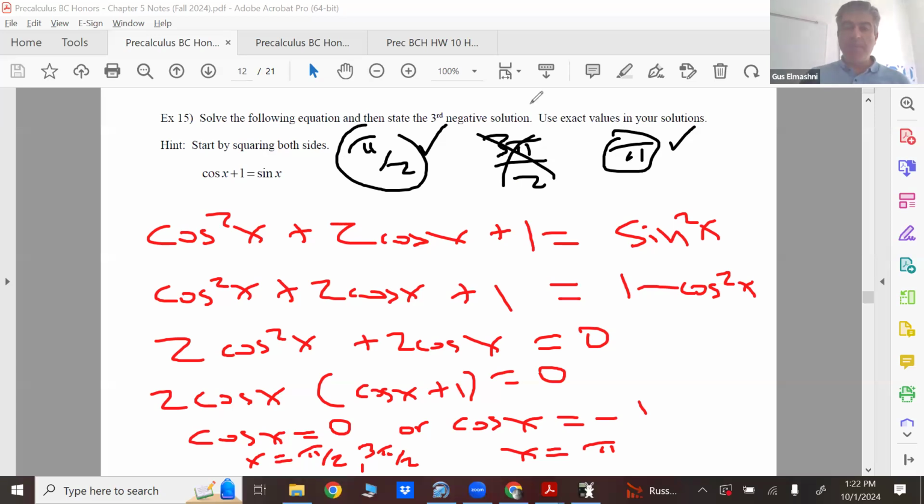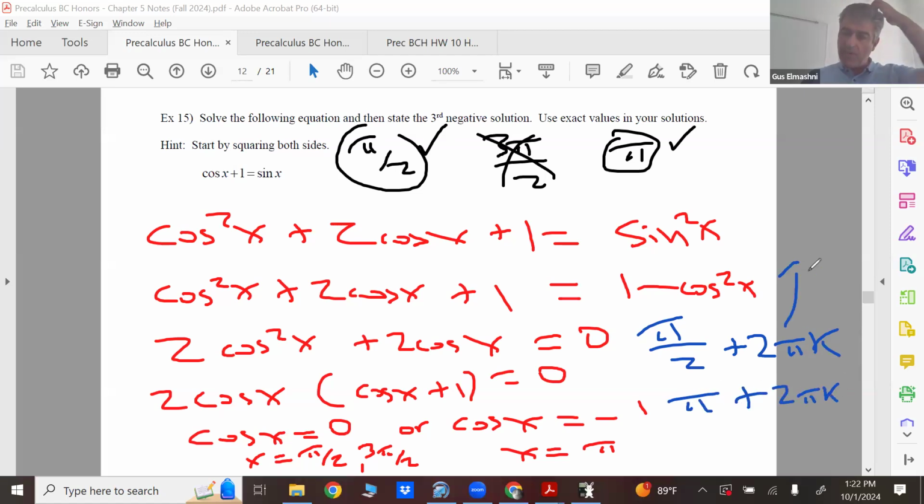So then what would you do in that case? It'll be pi over 2 plus 2 pi k, and pi plus 2 pi k. So if I go backwards, what's coterminal with pi over 2?